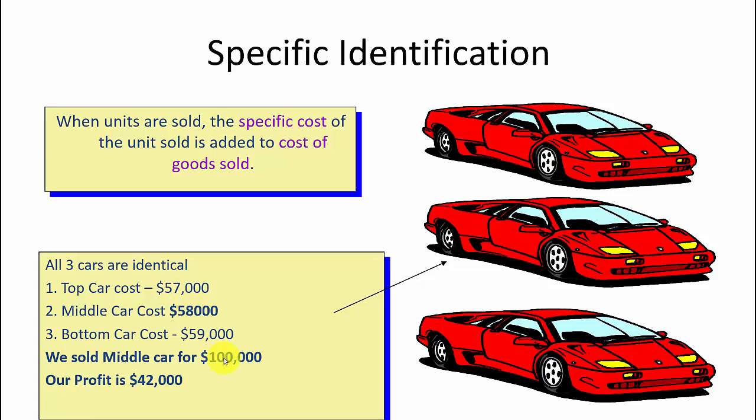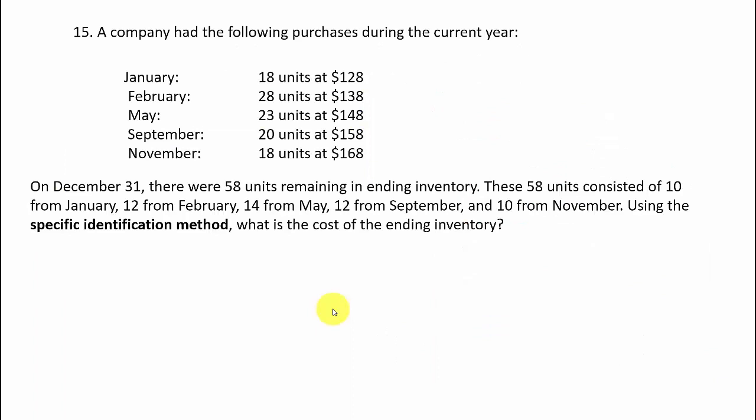And what's important to understand here is that they're 3 exact same cars, but your profit margin will be different, either higher or lower, depending on which one of these 3 cars you sold. And specific identification gives you a much more accurate reflection of what your profit really is, because it's getting exactly what item you sold.